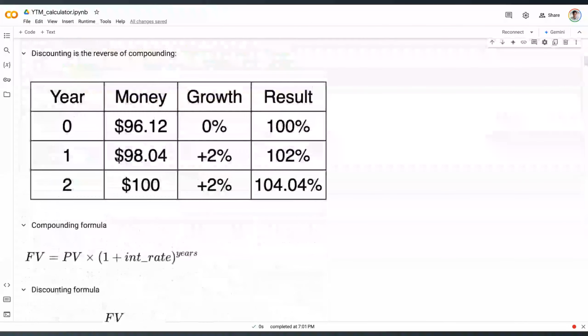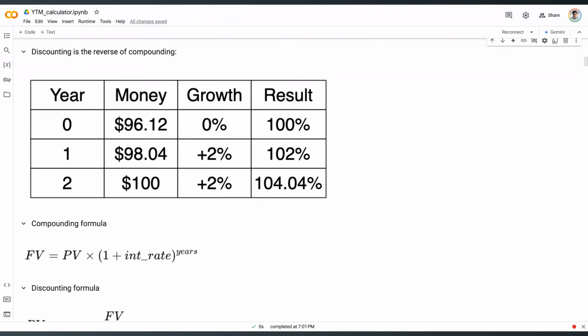Let's think about the relationship between $96.12 and $100. If you have $96.12 today, you invest it into a security with the annual rate of return of 2%. By the end of the year, you'll get $98.04.